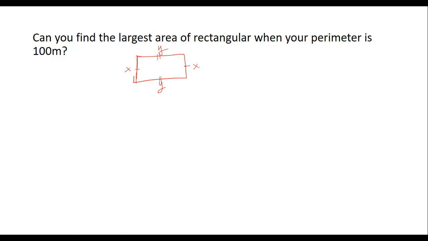The first thing we know is that the perimeter, 2x plus 2y, must equal 100. Makes sense, right? Because I have this plus this plus this. This is the perimeter, so that one is clear.